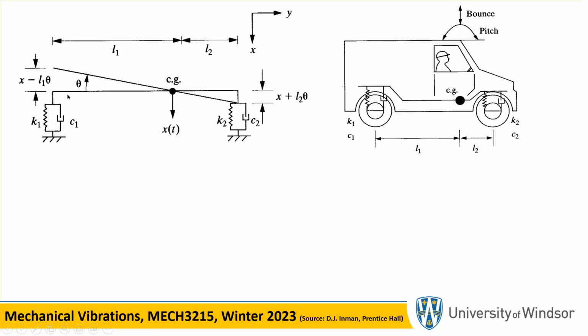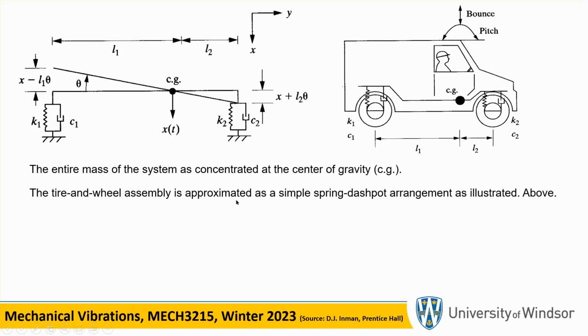So one is positive, the other one is negative when you look at this coordinate system, okay? So this is x minus L1θ, and on the other hand, this one is x plus L2θ. You can see that this is coming down by the amount x, but this rod is also rotating, and this amount is L2, that length, times this angle theta.